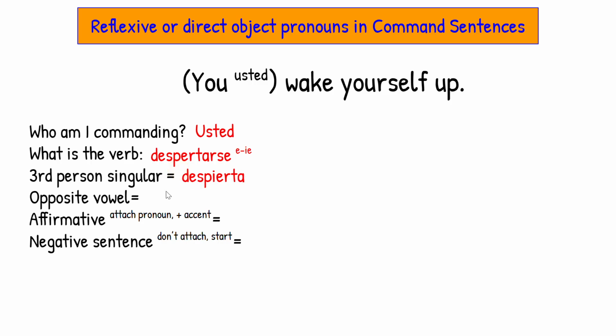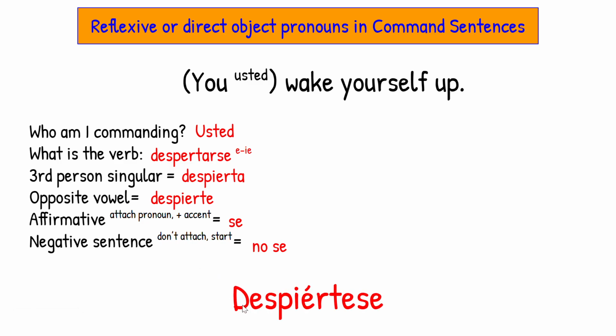Change the A to the opposite vowel. Despierte. If this is affirmative, I can attach the pronoun. For a reflexive pronoun for usted, it's going to be se. If it's a negative sentence, then I need to start with a no and then the se. This one is affirmative. Wake yourself up or wake up. Despierte, attach se. Look, despiérte-se.